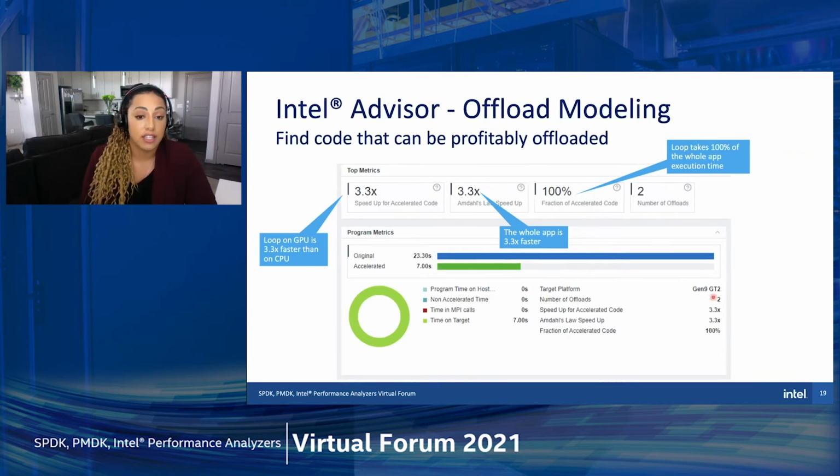In our case, the Gen 9 GT2. And this chart on the bottom left-hand side, that's going to be a breakdown of the estimated time by specific tasks. So we can see the program time on the host, the non-accelerated time, the time in the MPI calls, and the time on the target.